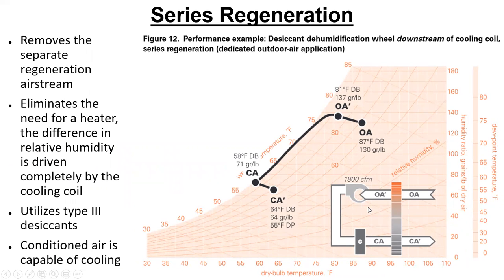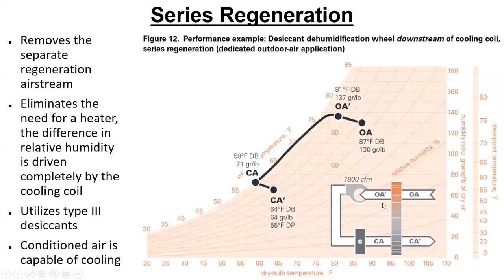The difference in relative humidity is driven completely by the cooling coil, it utilizes type 3 desiccants, and conditioned air is capable of cooling. Because now this system is going to provide air of much lower temperature, which will handle part of the space loads. That's going to help us.